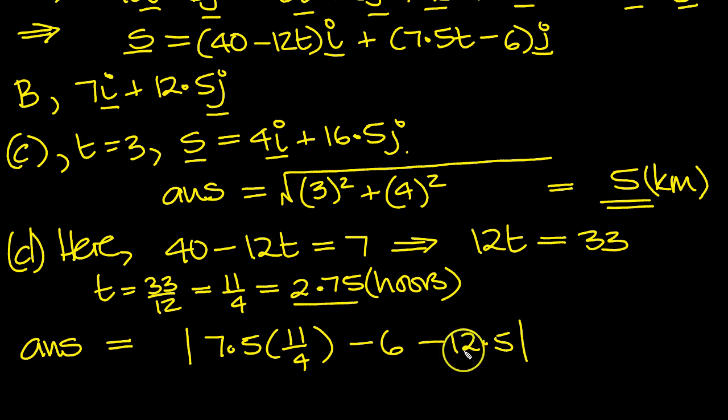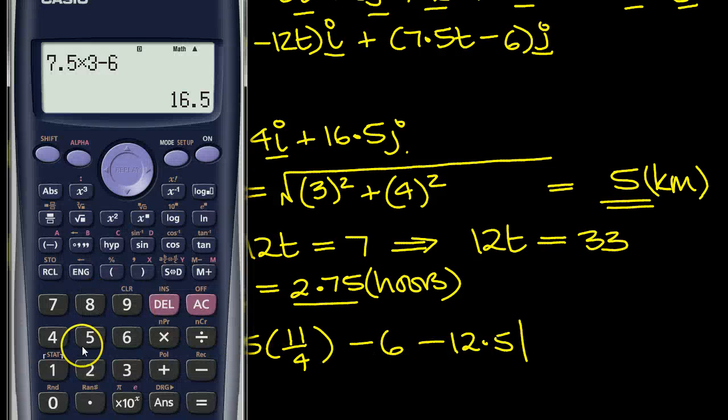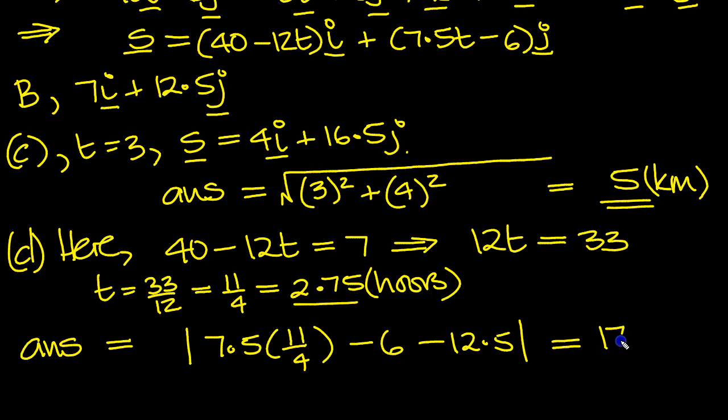Okay, that looks like what we get here. So let's tap that in the calculator: 7.5 times 11 over 4 minus 6 minus 12.5, and we want the modulus. 17 over 8, which is 2 1/8.